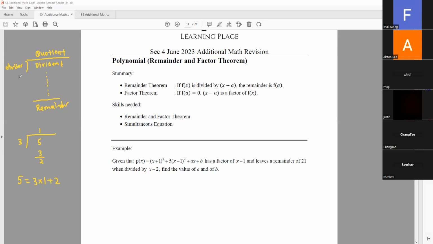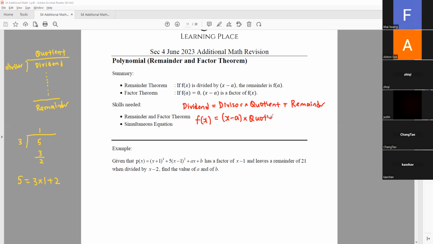So same here, we will have this relationship: the dividend is equal to the divisor times the quotient plus the remainder. The dividend is typically my f(x). Imagine now the divisor is x minus a.